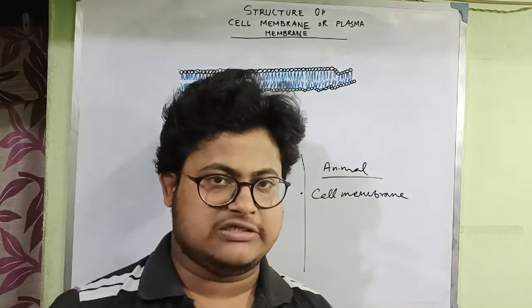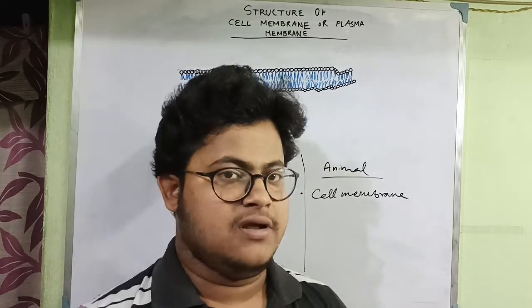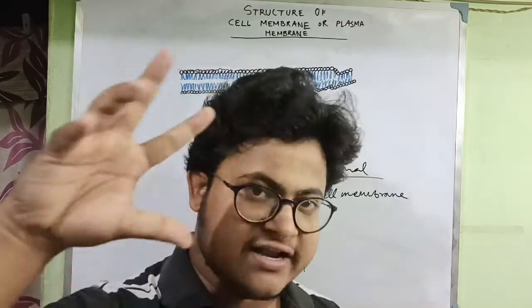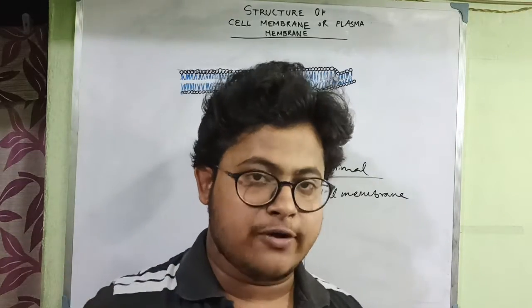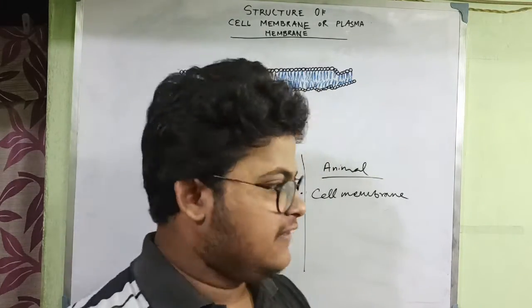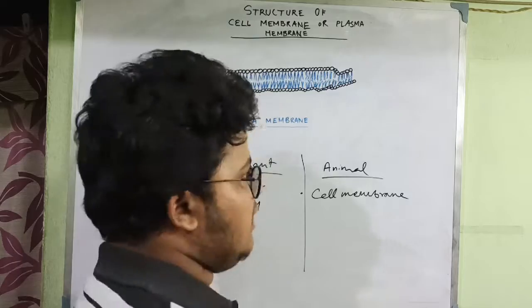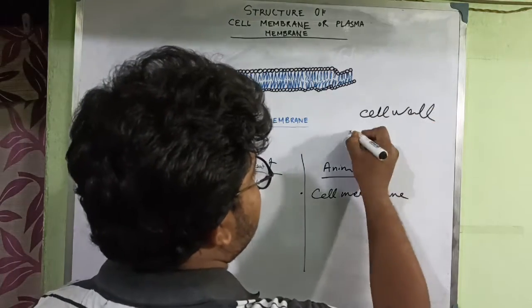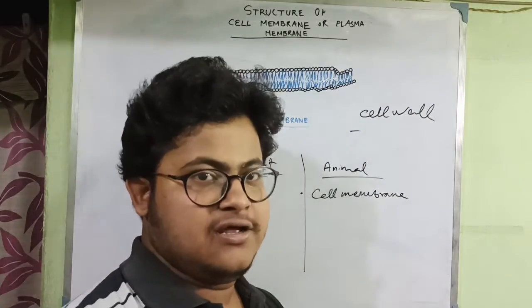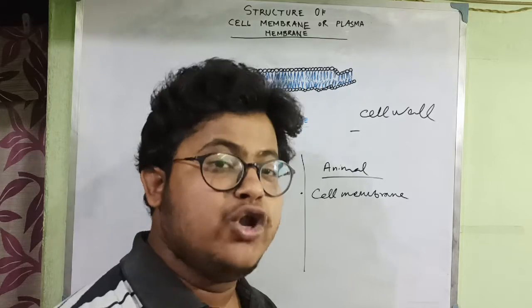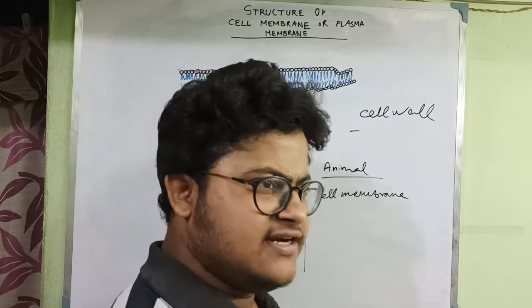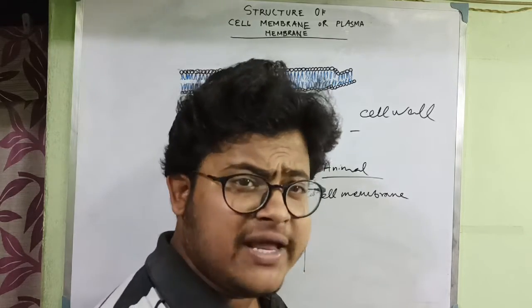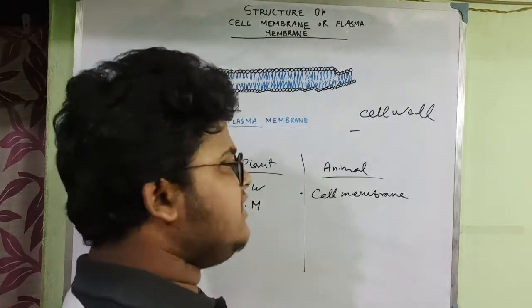So we have to know the structure of the plasma membrane. The plasma membrane protects the entire cell from the outer environment. If I talk about the cell wall, the cell wall is a barrier to environmental molecules, the hazardous or problematic molecules, as well as molecules the cell does not need.